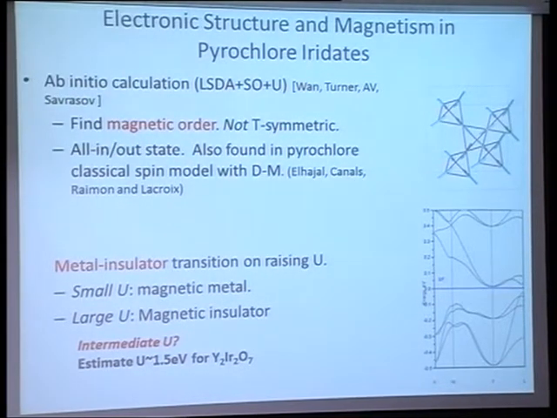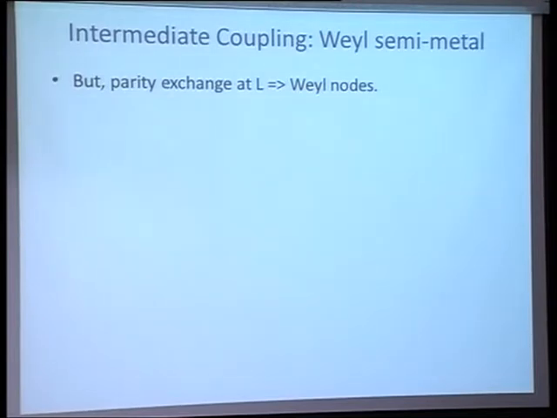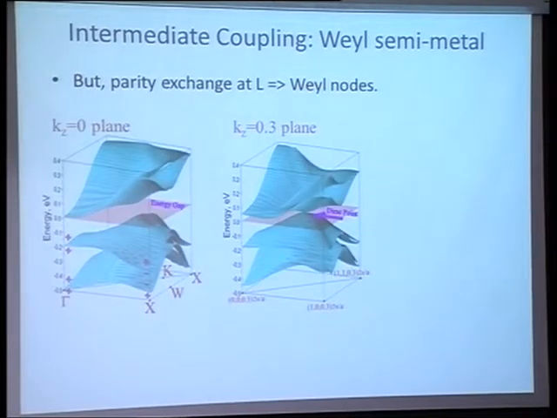But I told you before that there's a parity criterion that can allow you to diagnose if something is insulating or not. In particular, it tells you that in certain cases, it cannot be insulating. In fact, if you apply the parity criterion to this particular system, it predicts that there are Weyl nodes. You're not seeing them because you're looking at just some high symmetry directions.